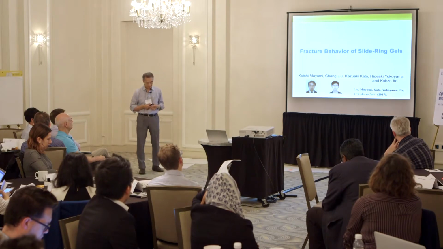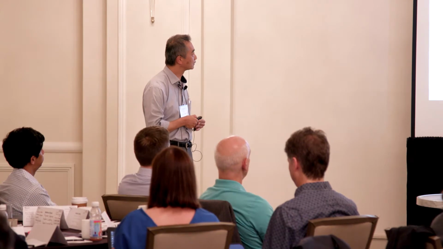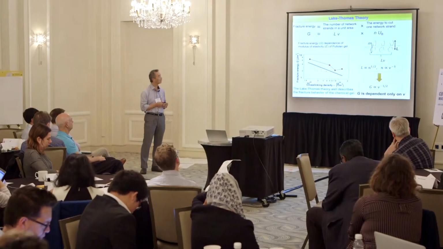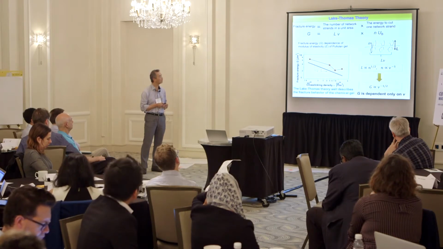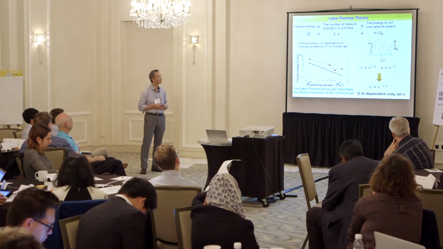Next, let me show you some experimental results of the sliding motion of the cross-linking point. We measured the fracture behavior of the sliding gels. And generally, the fracture energy is given by the number of network strands in the unit area times the energy to cut one network strand.